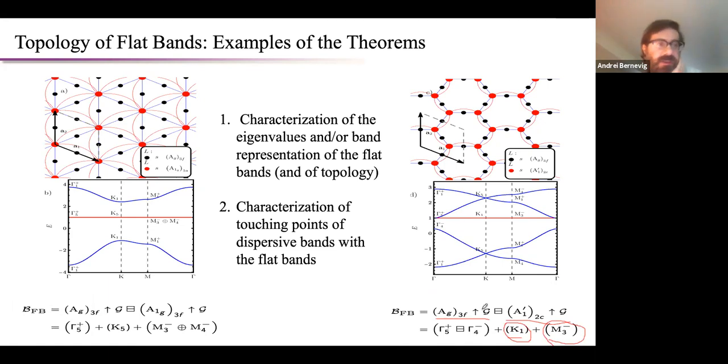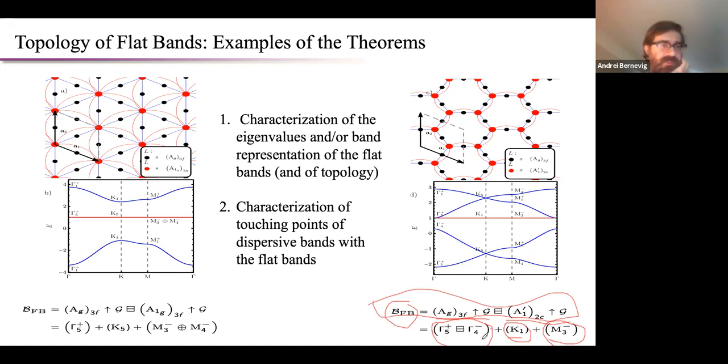Okay, but then you find that at the gamma point, you can't take the difference. Okay, in other words, at the gamma point, if I did the flat band vector by this formula that I gave you before, I find a contradiction at the gamma point. I find that the gamma point representations would be gamma 5 plus minus gamma 4 minus.